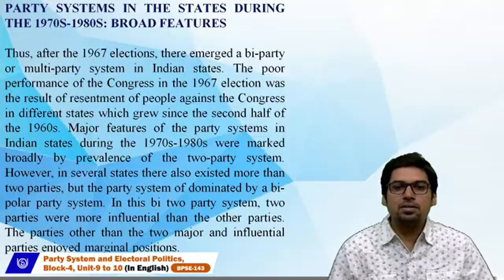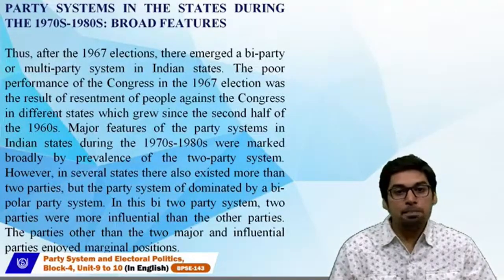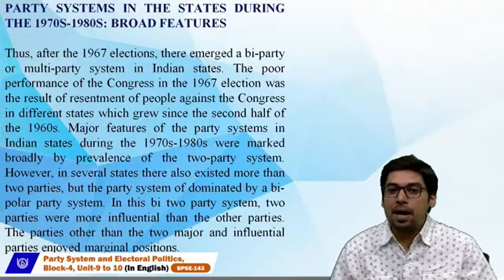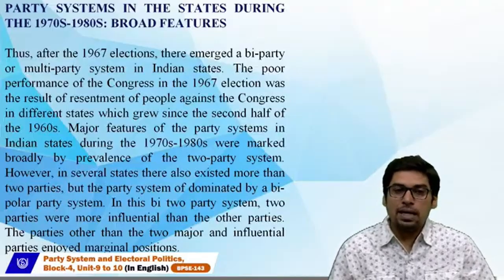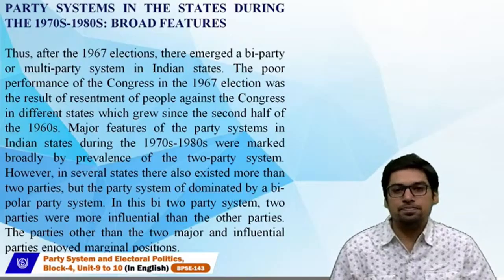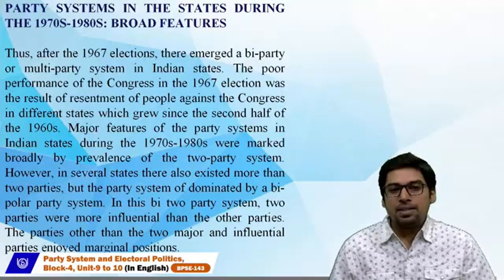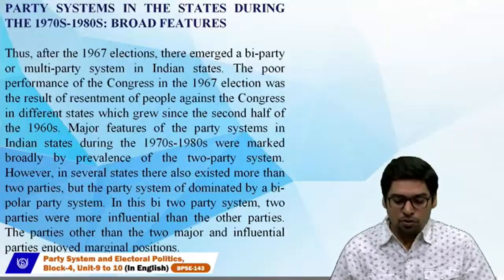However, in several states there also existed more than two parties, but the party system was dominated by a bi-party system. In this system, two parties were more influential than the other parties, which enjoyed marginal positions.